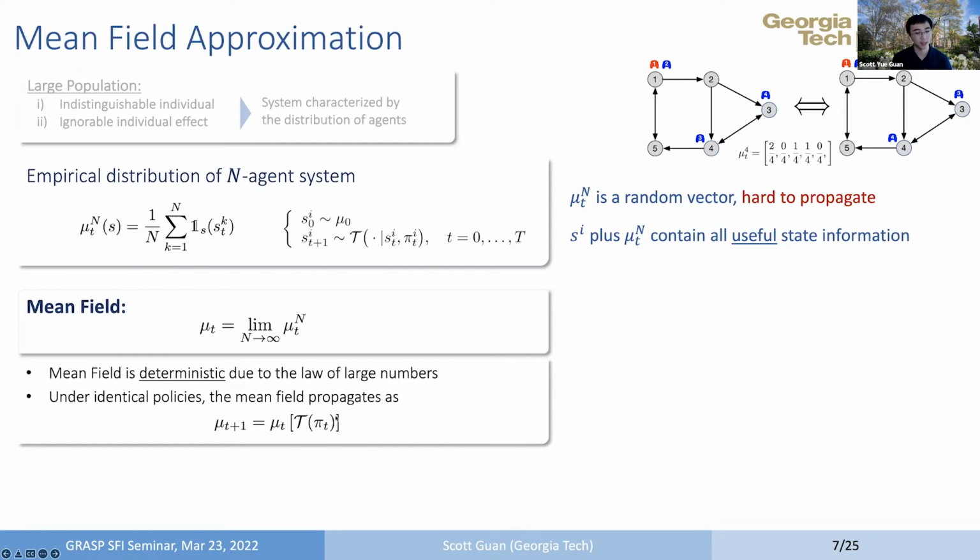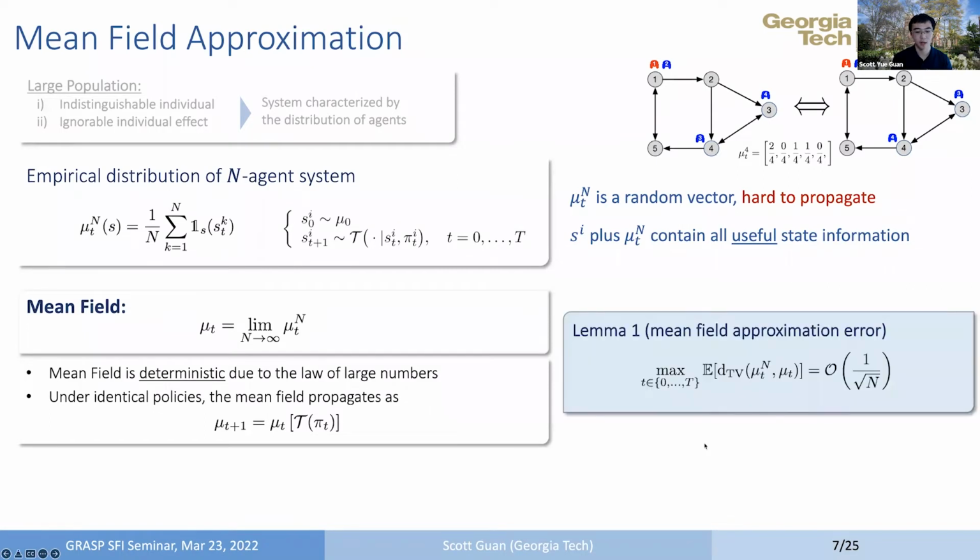Then I think it's quite natural for us to try to approximate the empirical distribution of a finite system with the mean field of an infinite population. We do have the following lemma for this approximation. This lemma basically states that the larger the population size, the smaller the difference between the mean field and the empirical distribution of a finite population.